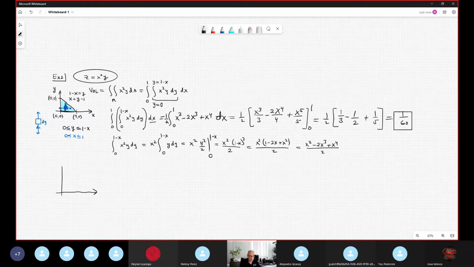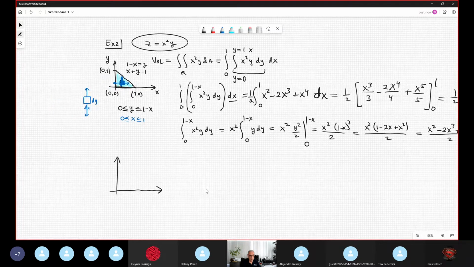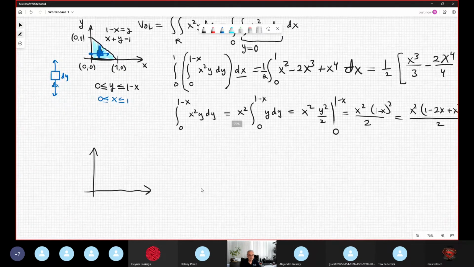Suppose, hypothetically, in this same problem, another student is doing it in a different way. I want to set up only the integration of our region in a different order. I promise that the solution is the same. This is x, this is y.